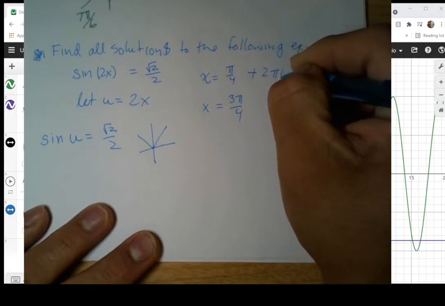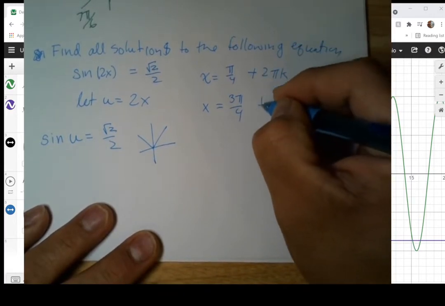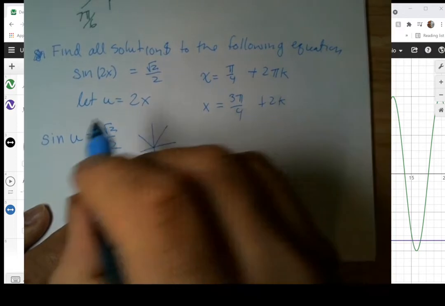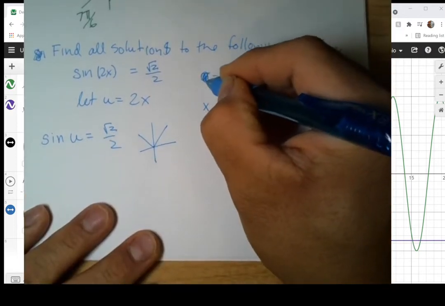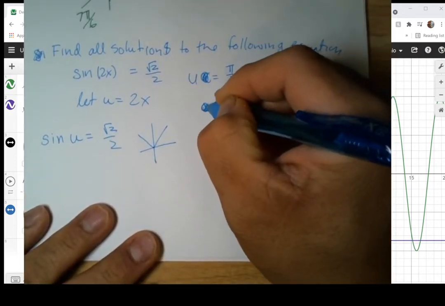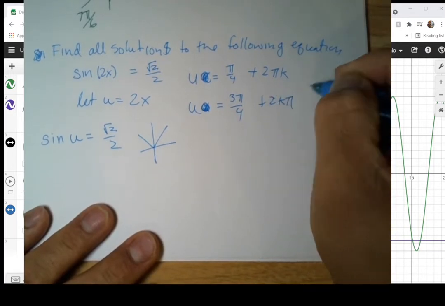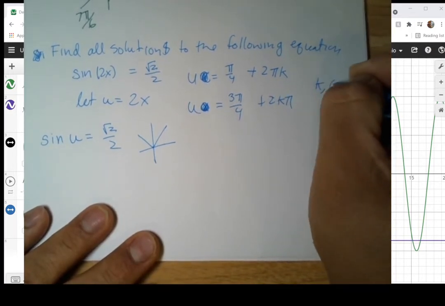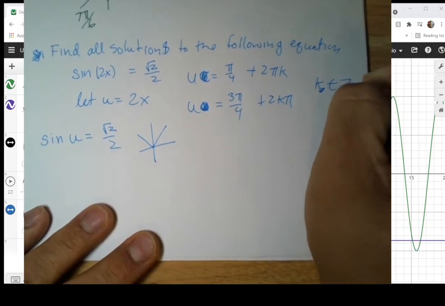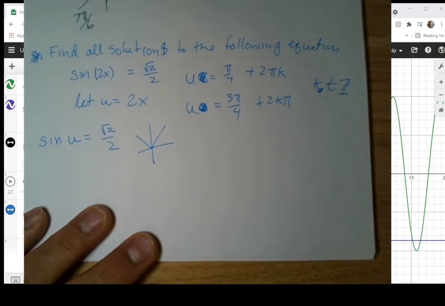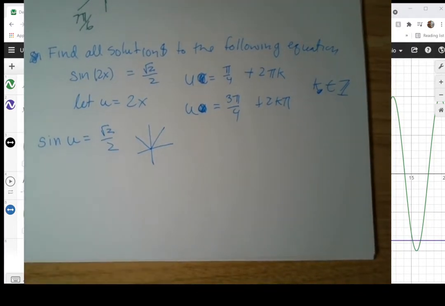So plus 2 pi k, excuse me, this should be u, where k, again, is any integer.